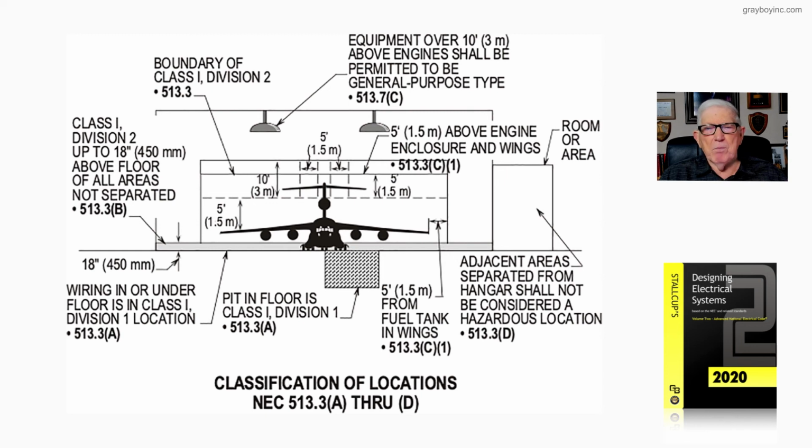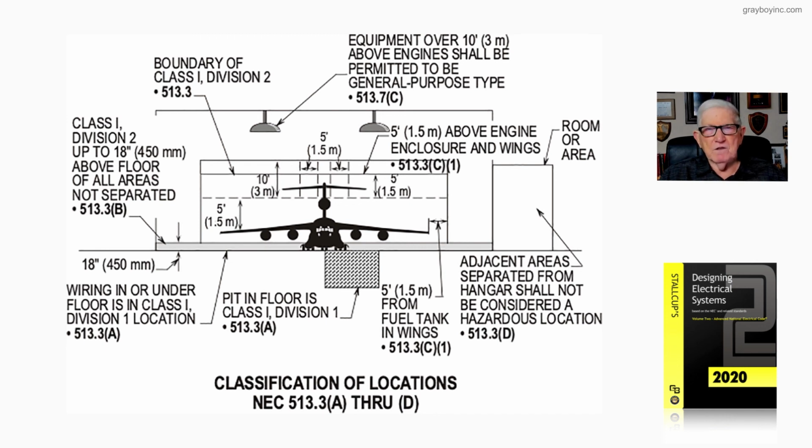So they've pointed out some of these requirements that we must be aware of. And notice if you're painting the aircraft in any way, then you have a 30-foot rule that you would pick up in 513.3C2 of the NEC.